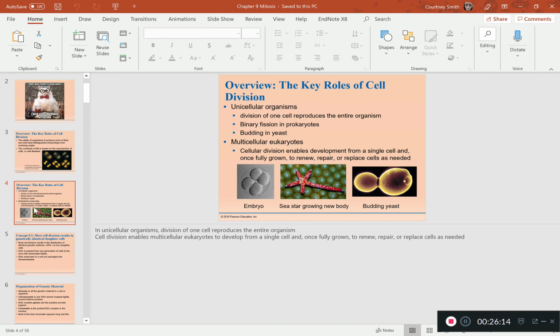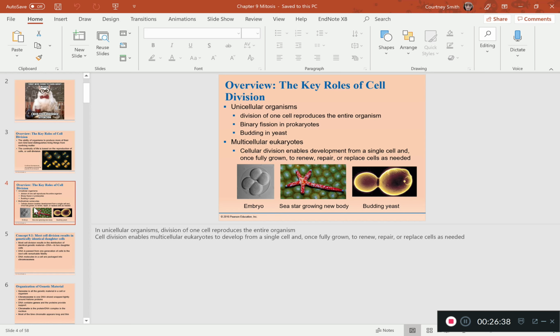Okay, there we go. So the key roles of cellular division, which is also known as mitosis. For unicellular organisms, so we are not unicellular, this has to do with bacteria, and some yeast are considered unicellular, but the whole purpose of them is to produce more of themselves, essentially.